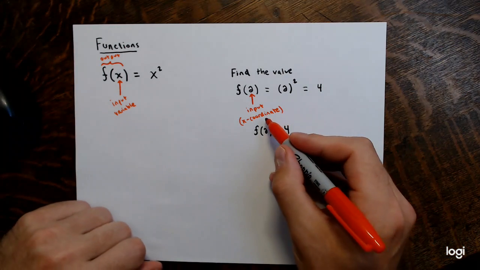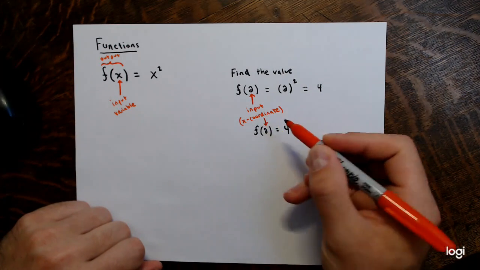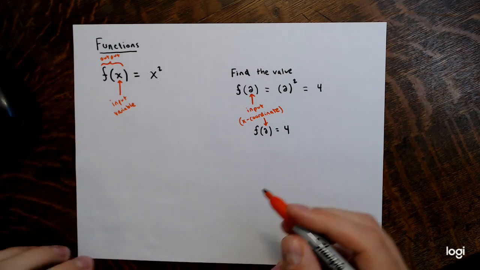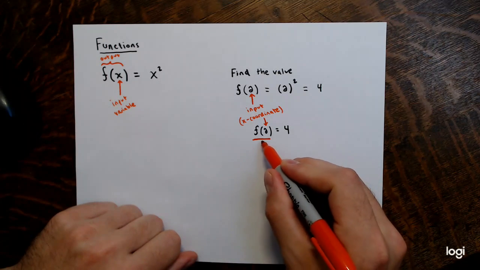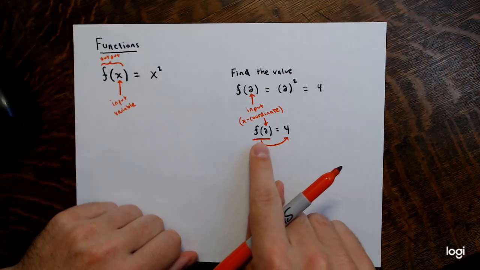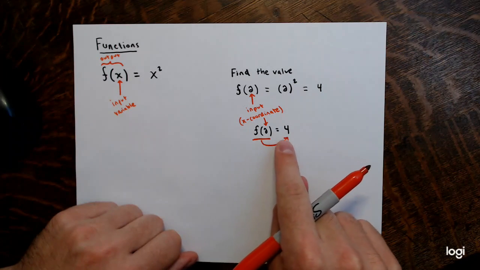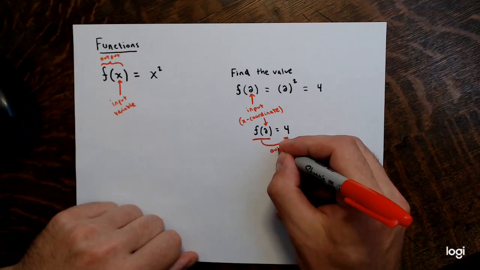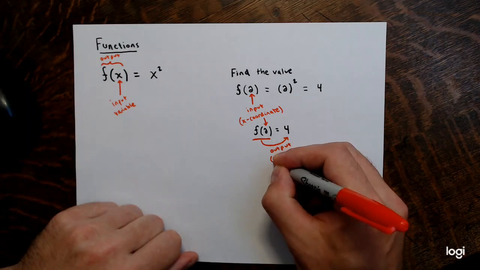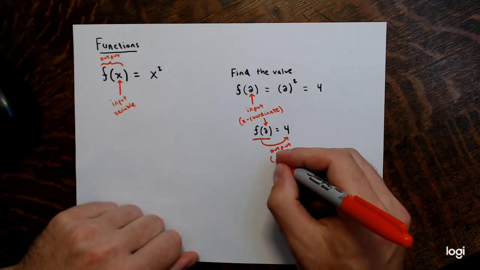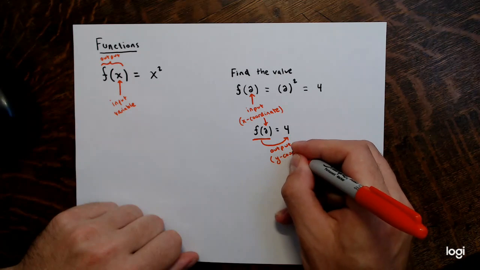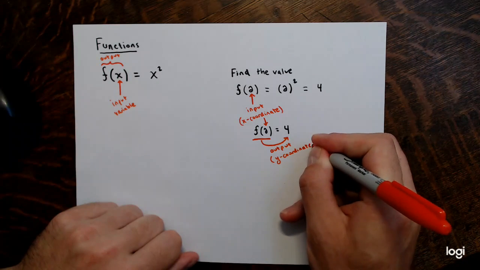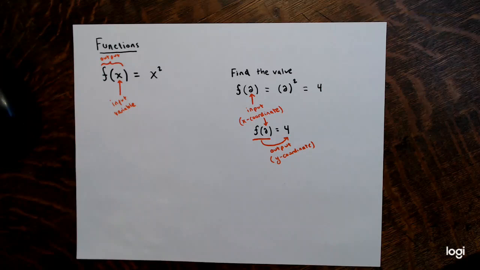So again, this number in the parentheses is the input, or the x coordinate, and then what the whole thing is equal to. You see how f of 2 is 4 here? That 4 is the output, or if you're graphing, the y coordinate of the point I plot on the graph.